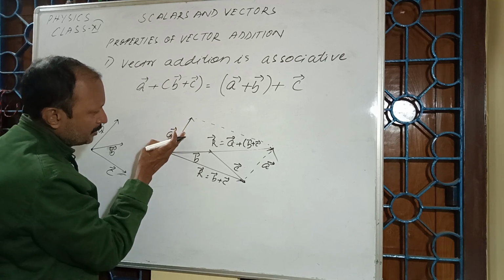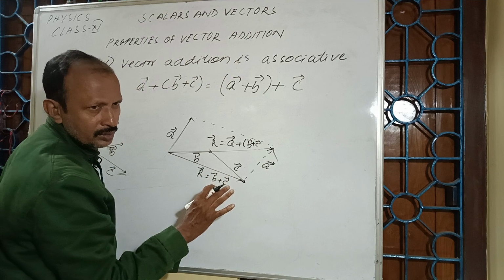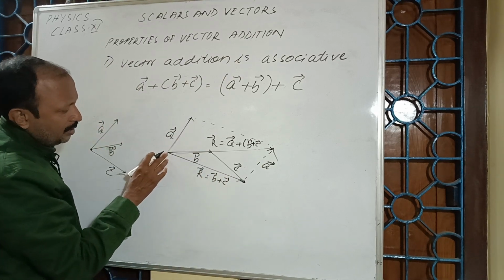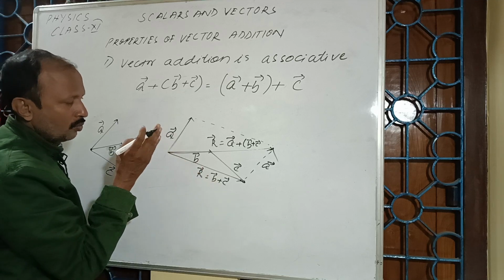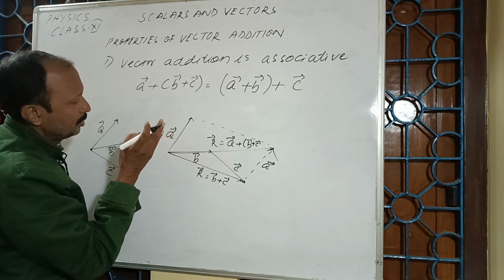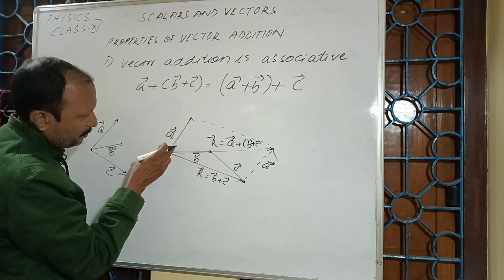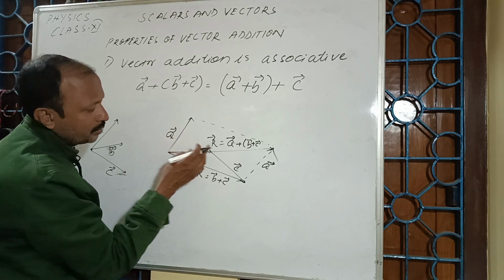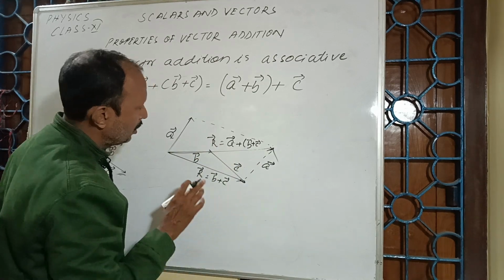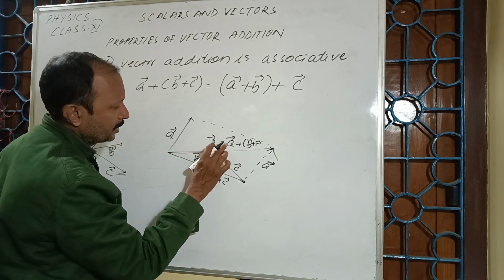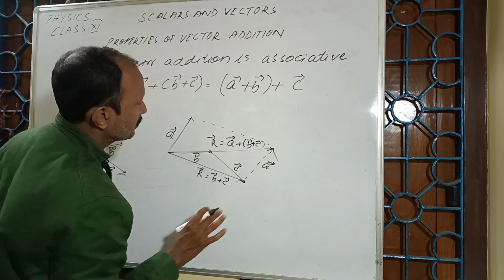I shifted this side to this one. Now I am following the triangle law. At first I made it two sides of the parallelogram. So parallelogram law says that we can shift this side to this side parallelly. There will be no change. So I got resultant vector R is equal to A plus B plus C.